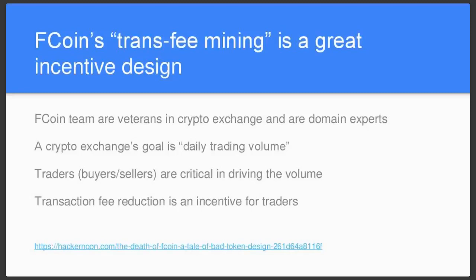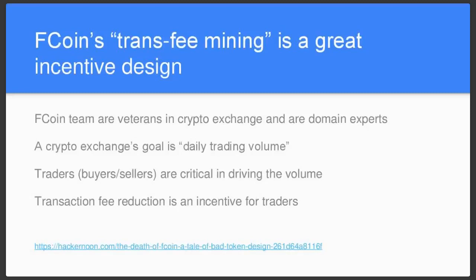It's not the projects who want to list their tokens on the exchange, or the funds that have a lot of tokens and also influence the selection of tokens, or the market makers inside the exchange. It is actually the traders. So then you analyze what incentives traders care about. If you know the exchange business, there are not many things you could do to incentivize traders.